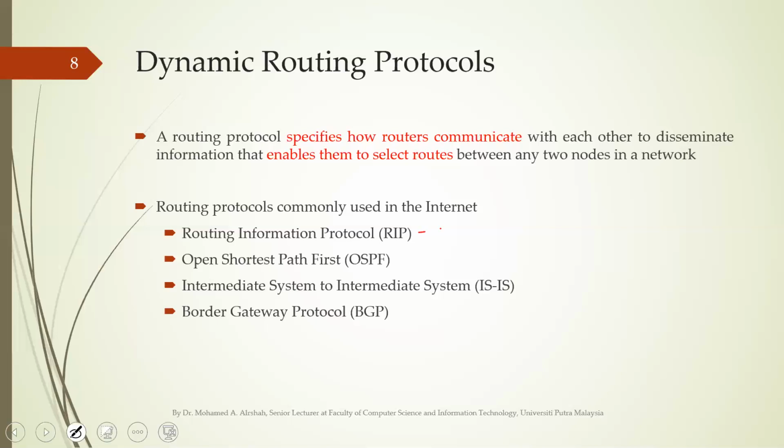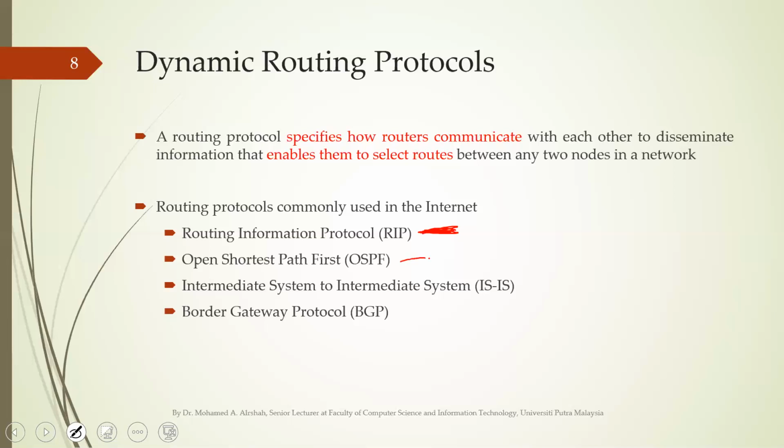Anyway, the RIP actually is used for networks that have small size, because this one's maximum path length is 14, if I'm not mistaken, 14 hops. More than 14, it doesn't work.